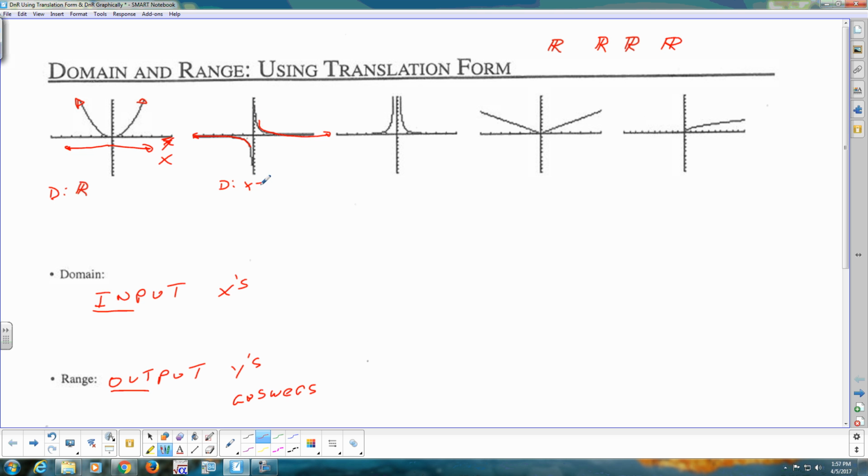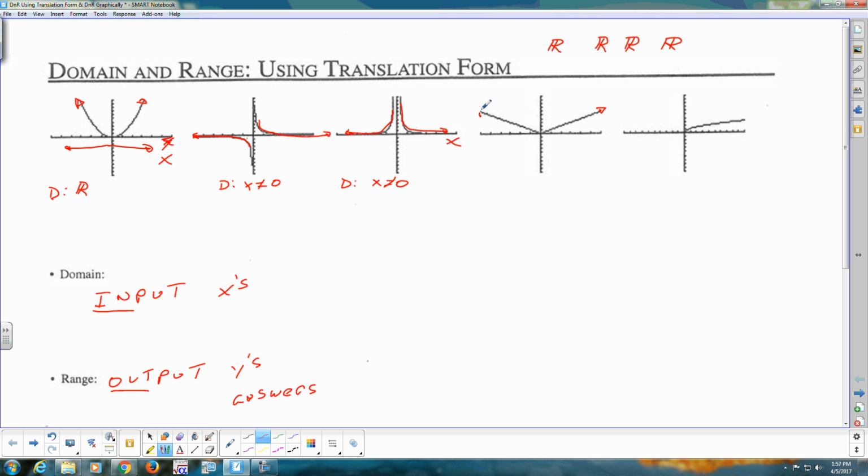So x cannot be 0. This one, the inverse square, will it go as far left as it wants? Yes. Will it go as far right as it wants? Yes, it will. But in between, it never takes on the x value of 0. So just like the hyperbola, for the inverse square, x cannot be 0.